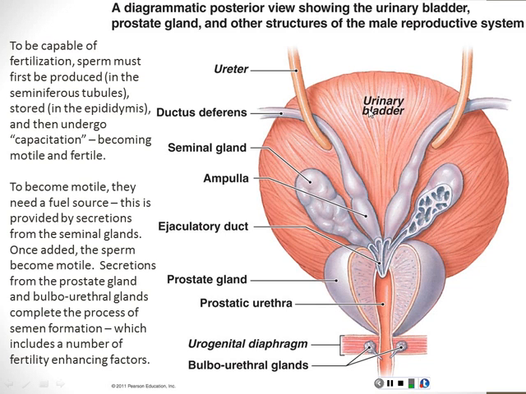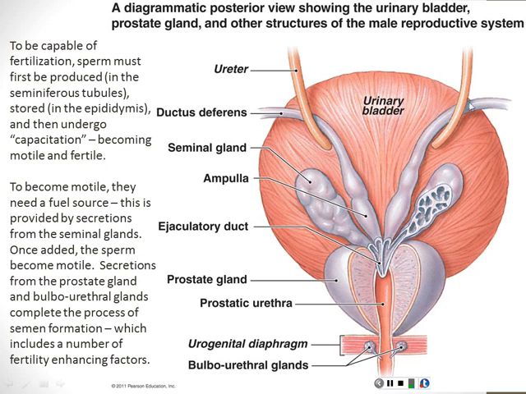Okay, so what are we looking at? This is a weird view because it's not supposed to be anatomical, it's supposed to be conceptual. Here's the urinary bladder, and here are the ureters coming down from above. Here are the ductus deferens, coming in from the testis, from the epididymis.